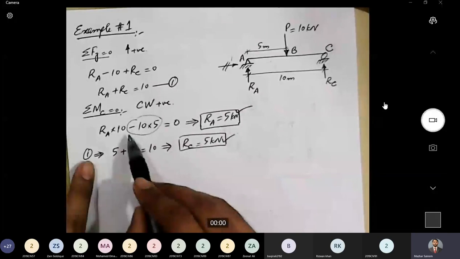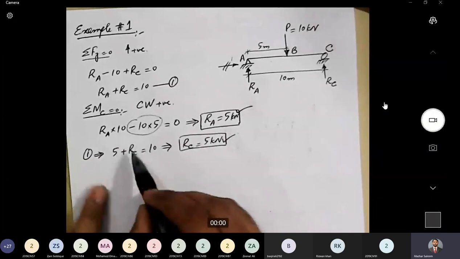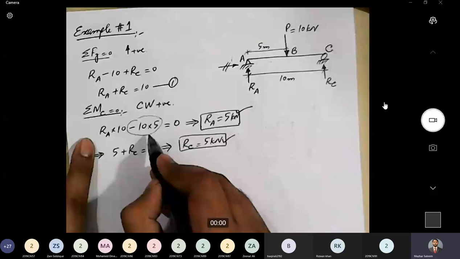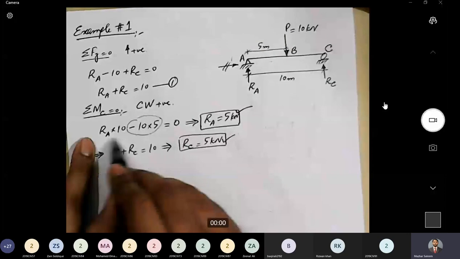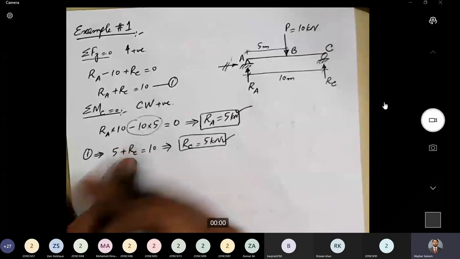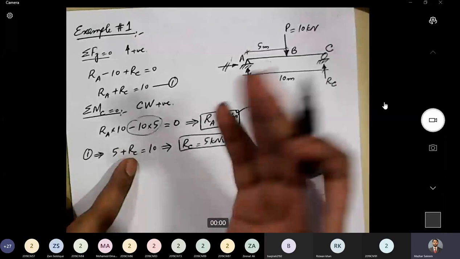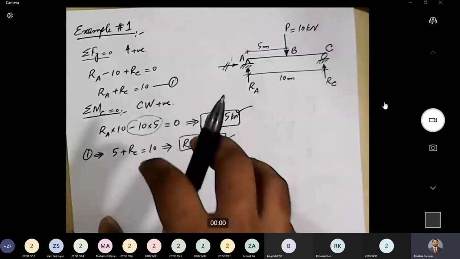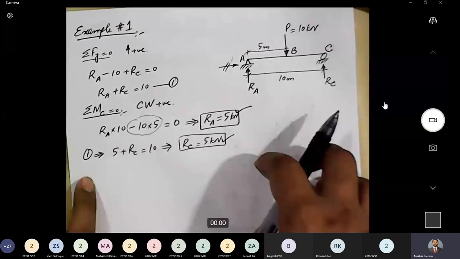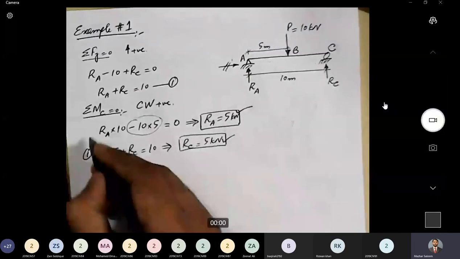So in the same equation that I have done, I have written all the terms on the left hand side of the equation, and I have taken clockwise movement as positive, counterclockwise movement as negative. If you want to write the equation in this way, that I'll write clockwise movement on one side of the equation and counterclockwise movement on the other side, then we'll get exactly the same thing.